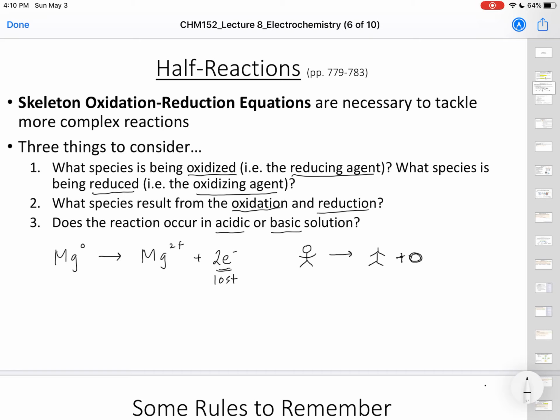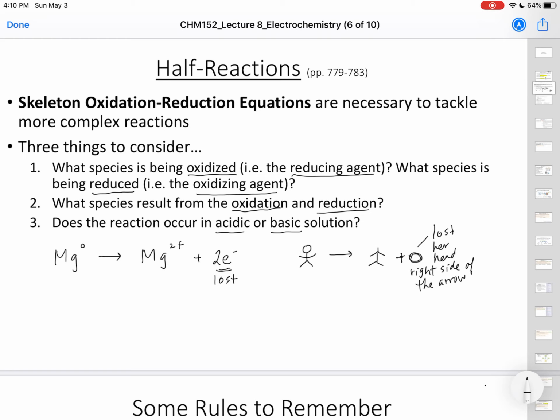If you look at this reaction, you'll see that this person, Dr. Chang, has lost her head, or this head has been lost. So we always write the thing that is lost on the right side of the reaction arrow.